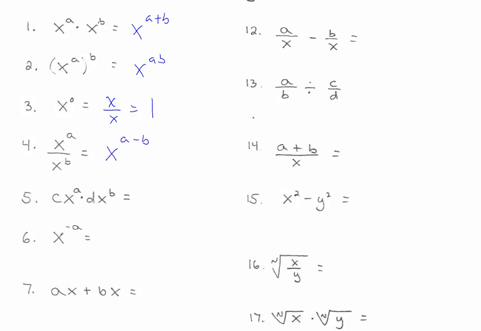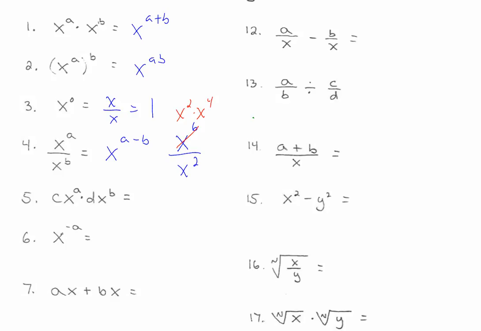Just watch. You can write it if you want, but I'm going to go a little fast here. If I had x to the 6th over x squared, if we did the rule, we would end up with x to the 4th. What does the rule do? It's just a shortcut for this. Isn't x to the 6th x squared times x to the 4th?